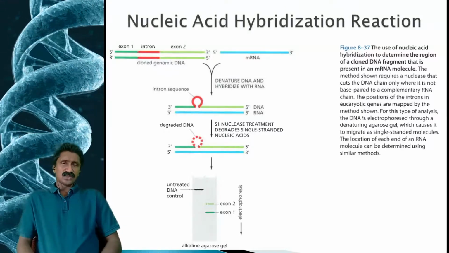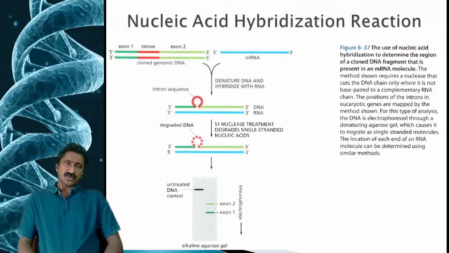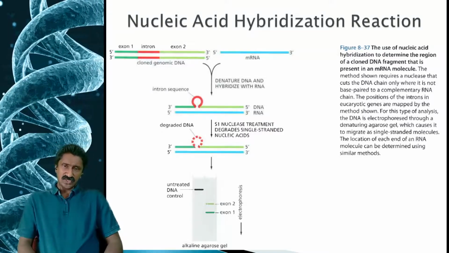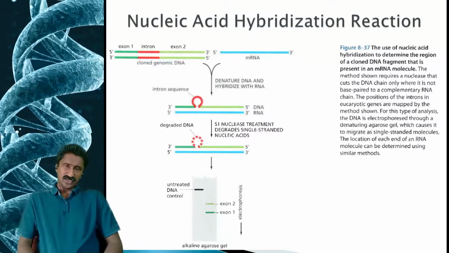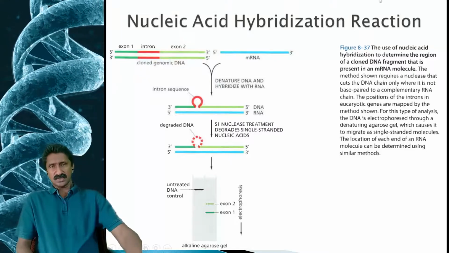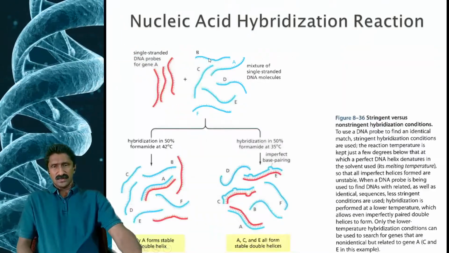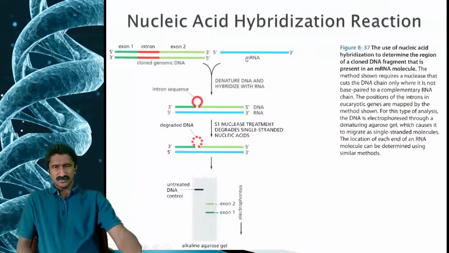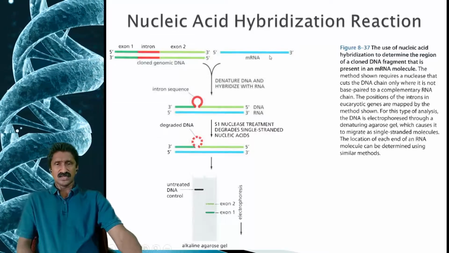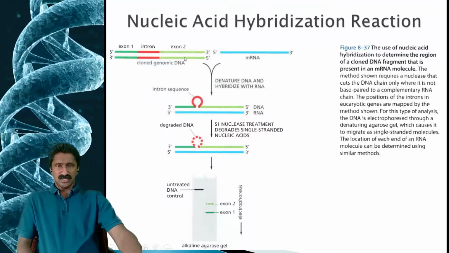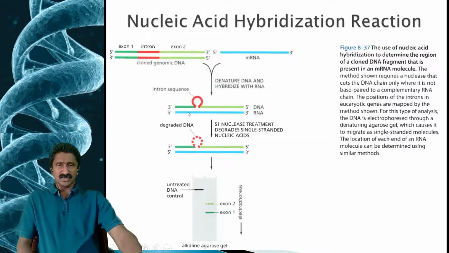This can also be used for identifying the intron regions in eukaryotic DNA. For example, this is the mRNA of this gene. You denature the DNA and hybridize it with the mRNA.